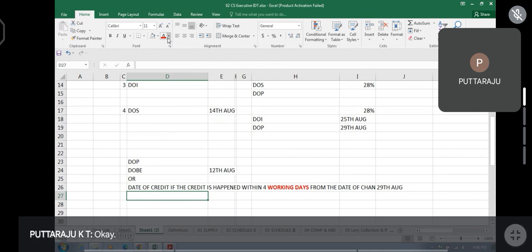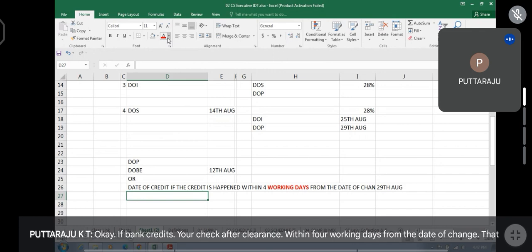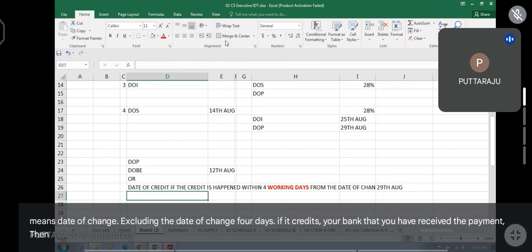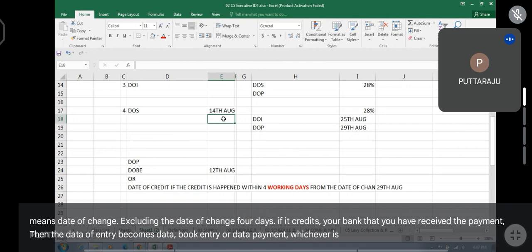If the bank credits your check after clearance within 4 working days from the date of change, excluding the date of change, and you have received the payment, then the date of entry becomes the date of book entry or date of payment, whichever is earlier.